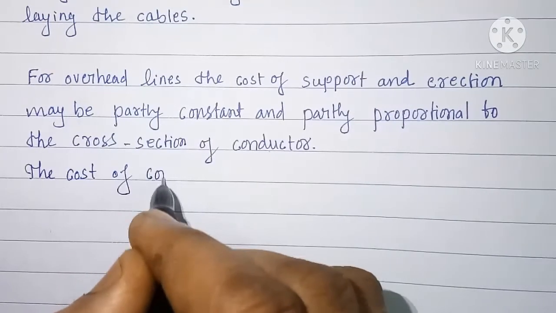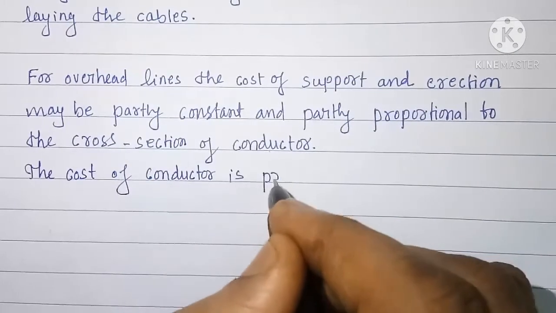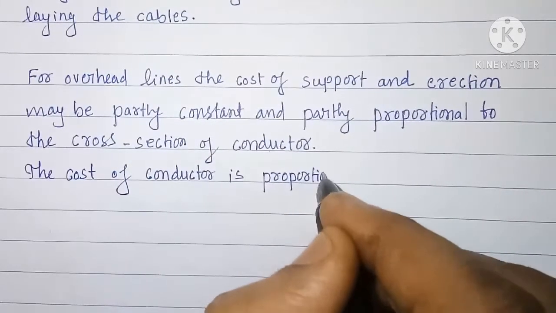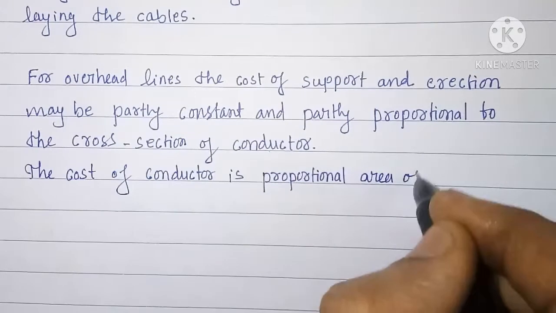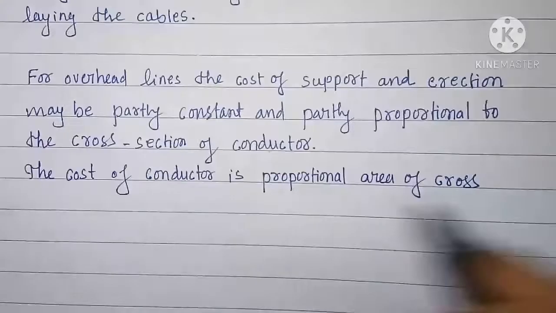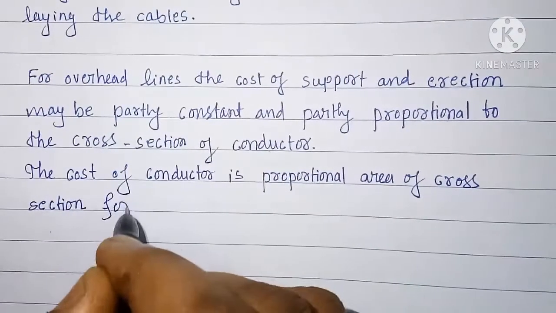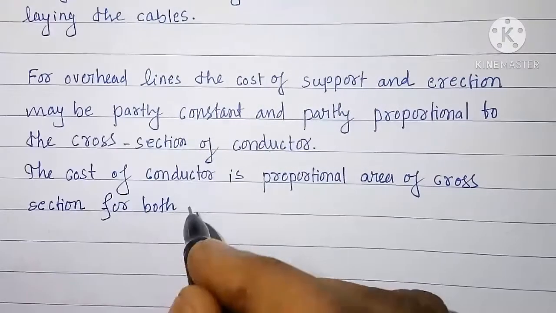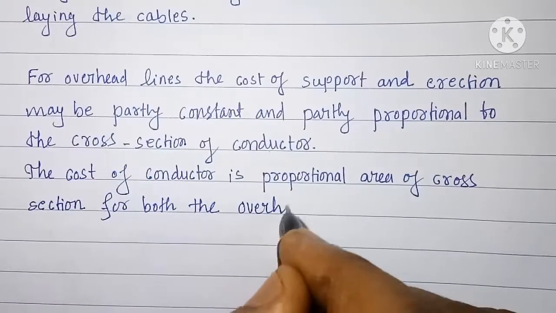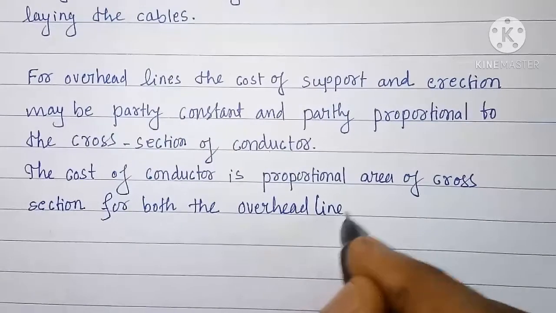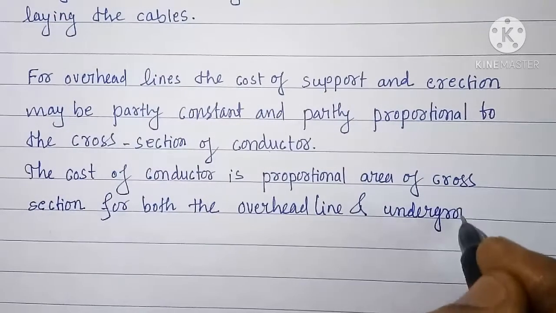The cost of conductor is proportional to area of cross section for both the overhead line and underground cable.